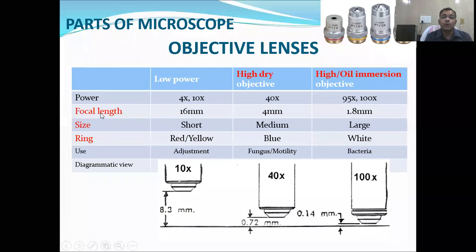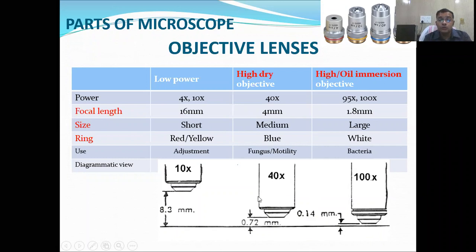If you look at the focal length, if it is 10x, then the focal length is about 8.3 mm. If you use the 40x, then the distance between your slide and your objective lens is only 0.72 mm. And when you are using the 100x, then the distance between your slide and objective is only 0.14 mm.